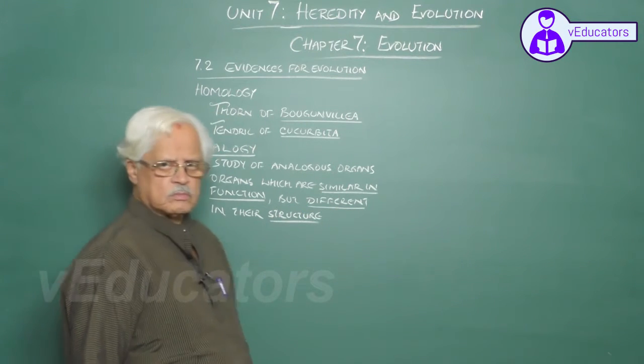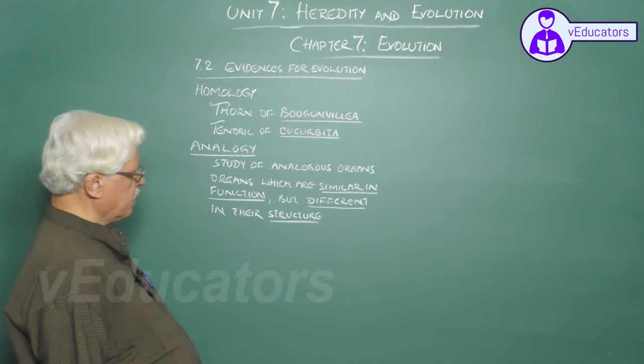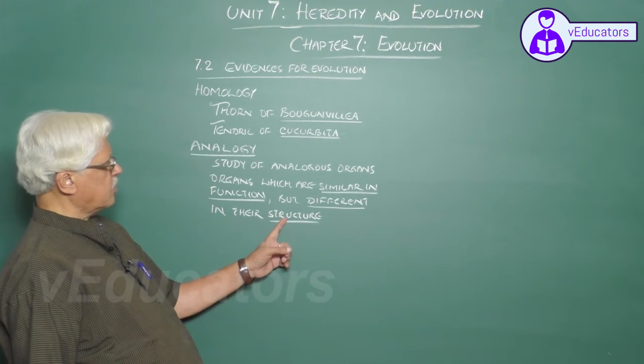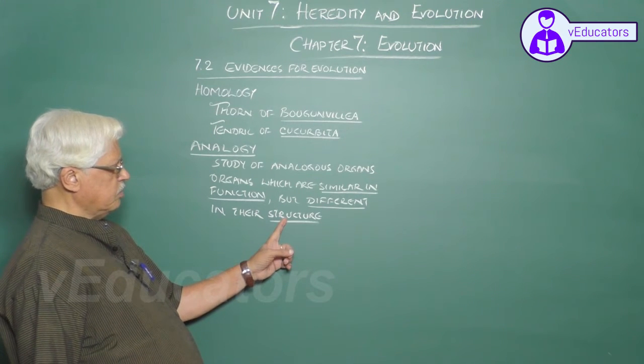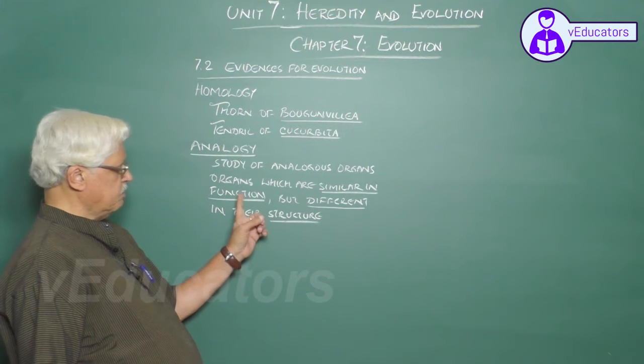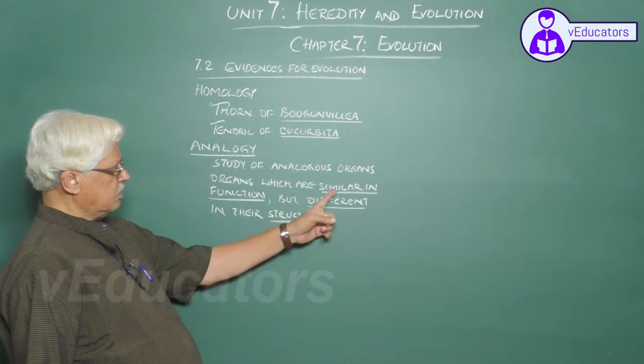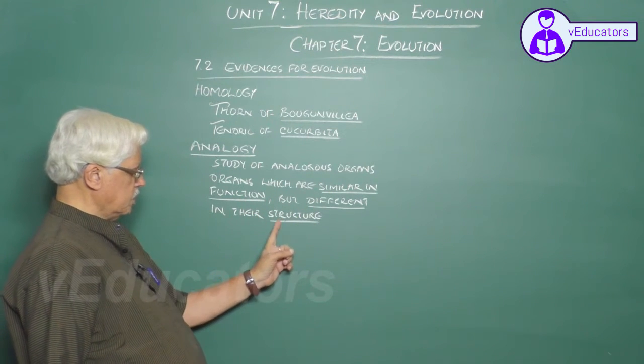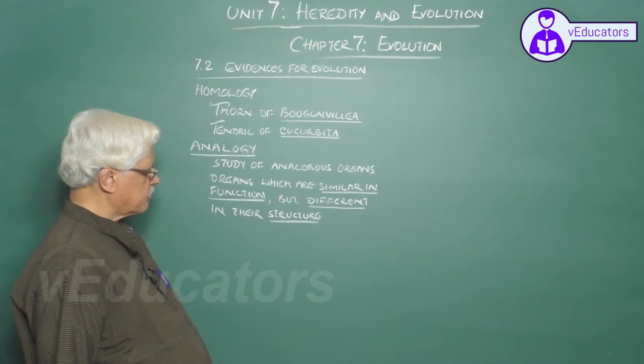Similar in function, different in structure. In homologous organs we have seen they are similar in structure but different in function. Here they are similar in function but different in their structure.